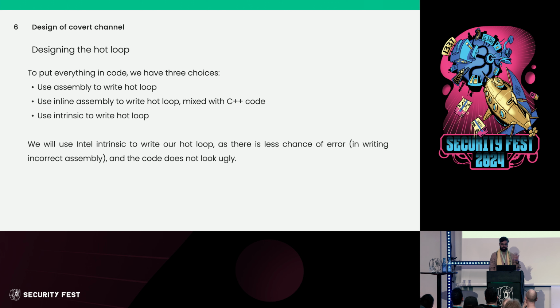Now we have a lot of coding stuff. We design the hot loop that will stress the CPU. Okay, and now I have 3 different options. I can write directly in assembly. I can write inline assembly and do the rest of the code in C++ or C, or I can write using intrinsics. Since I am lazy, I hate working hard.